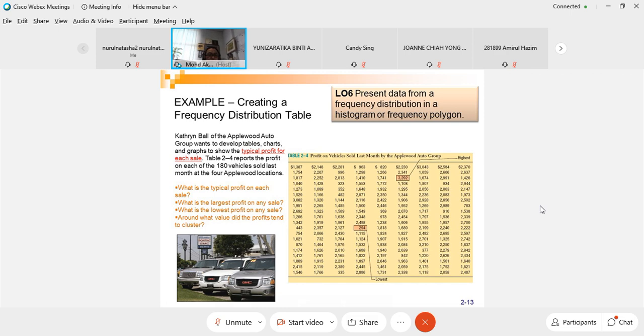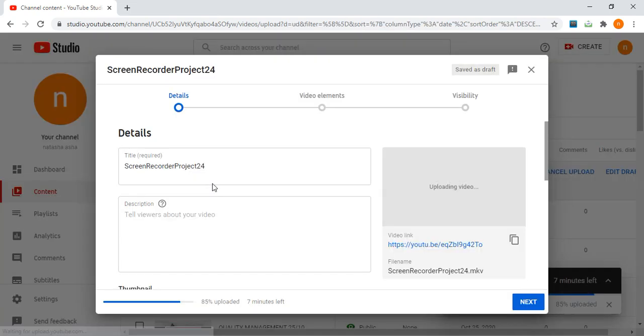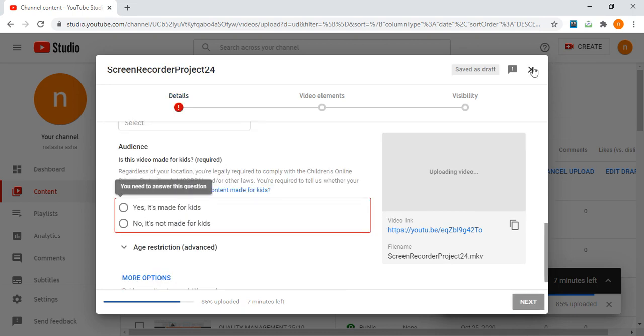Lu Yiting, can you read slide number 13? Example: reading a frequently repeated paper. Four of the Apple would auto group, one to develop a table and graph to show the capital profit for each field.